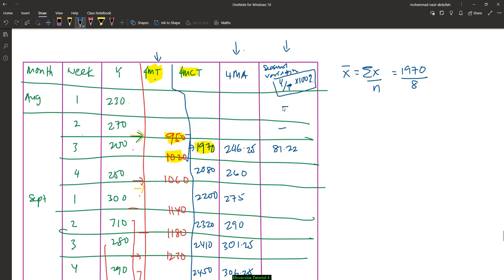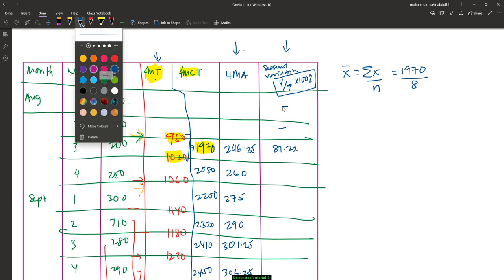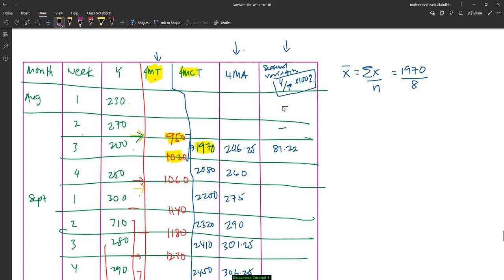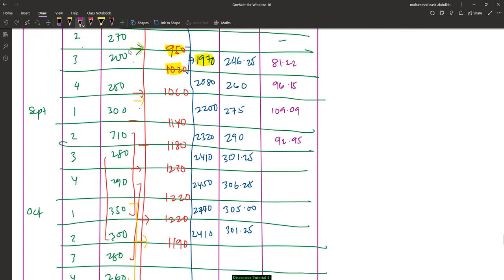Right, so I changed color first so we can see the difference, right? So this one is 81.22 and this is going to be 96.15. This is 109.09. This is 92.95. You got the same thing, right?